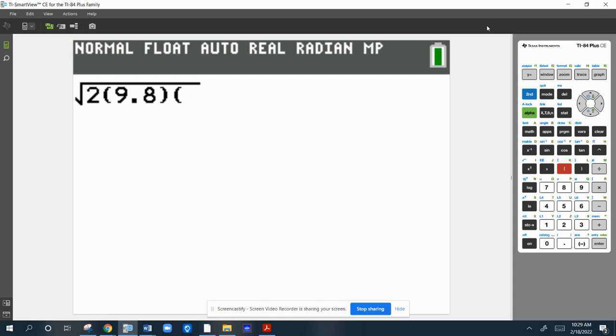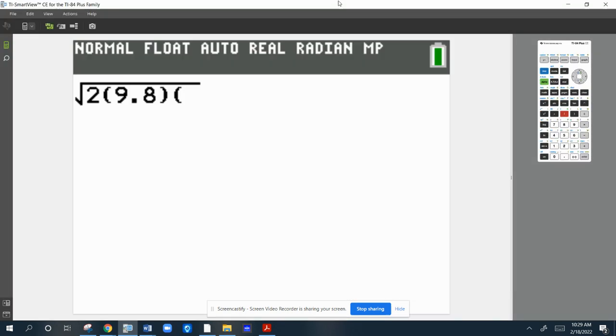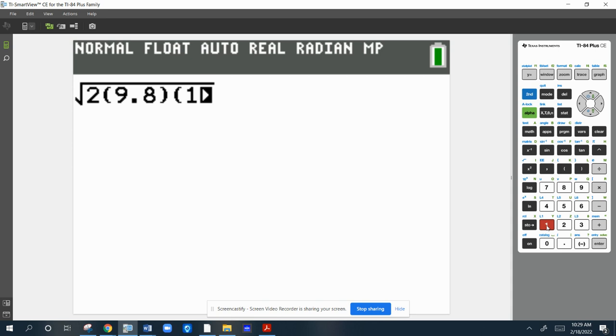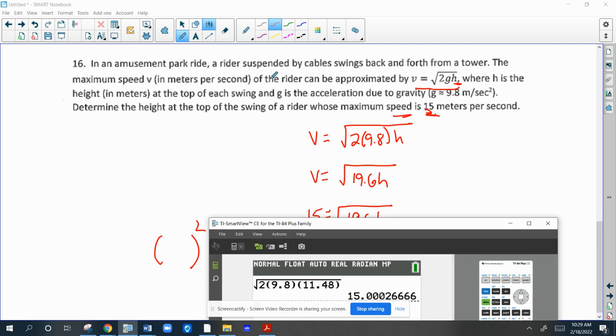And then times our answer H. We got 11.48. Hit enter, and it gives us 15.0002.